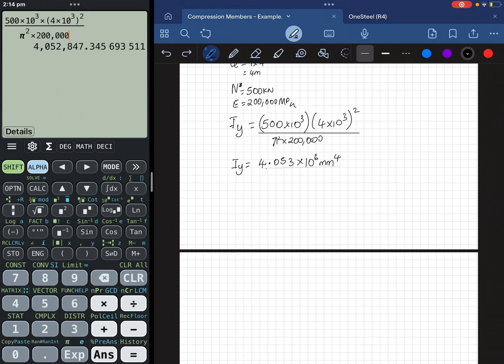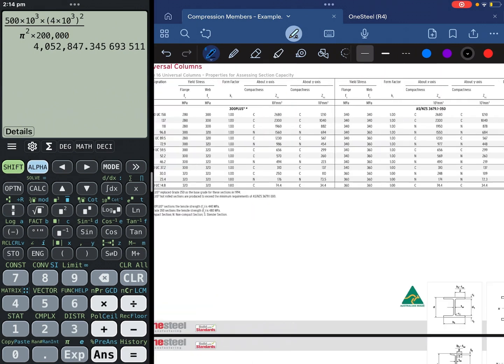Now, the next step is to go to the universal column section catalog and check for the values of IY and look for a steel section that will closely match 4.05 times 10 to the power 6 millimeter to the power 4.